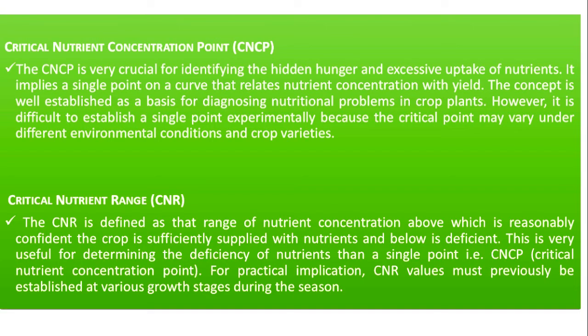So in detail, if we look more clearly at the critical nutrient concentration point, CNCP, the CNCP is very crucial for identifying hidden hunger and excessive uptake of nutrients. It implies a single point on a curve that relates nutrient concentration with yield.